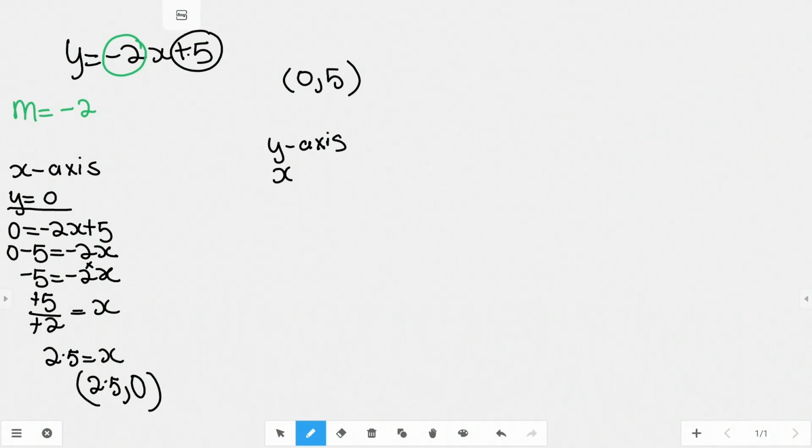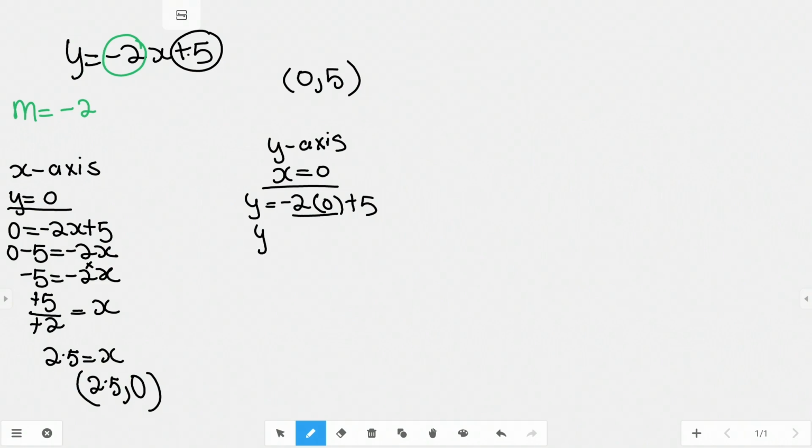So y is equal to negative 2, remember x is now 0, plus 5. Anytime we multiply any number by 0, the answer is always 0. So negative 2 times 0 is 0.